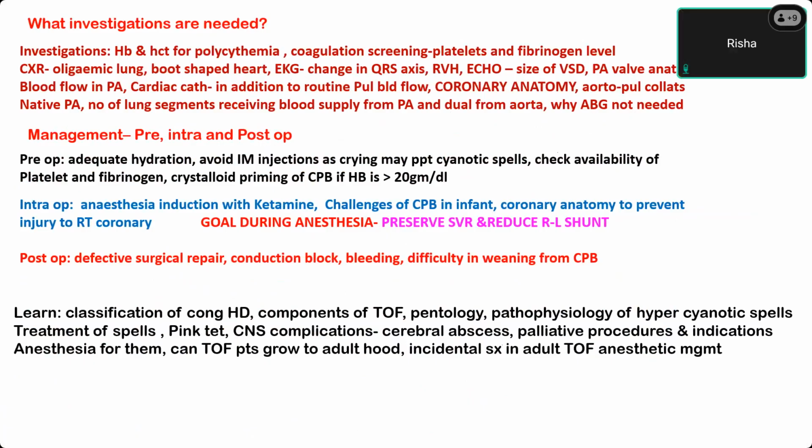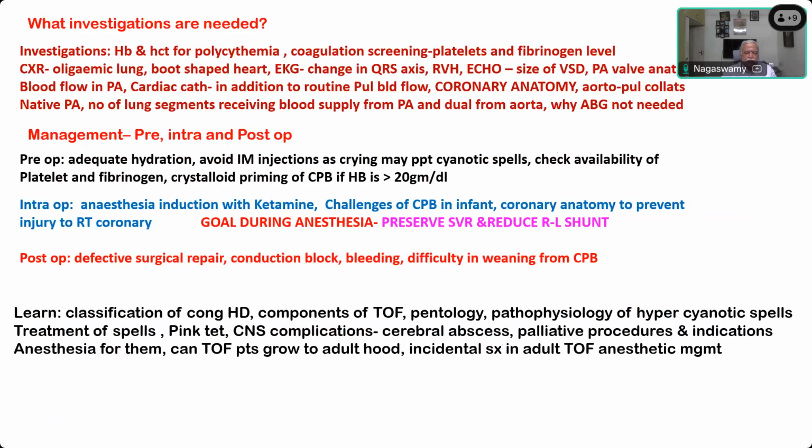The main goal in an adult form is to prevent further right to left shunt. Okay, there will be some amount of right to left shunt. Make sure that it doesn't get aggravated into too much right to left shunt. So maintain SVR all the time, and you will be safe. Giving a central neuraxial block for a hernia in a patient with TOF, you will definitely aggravate the right to left shunt because the SVR will fall.